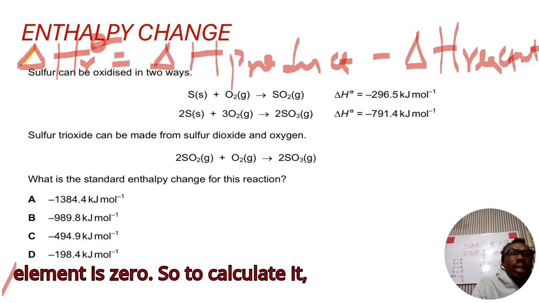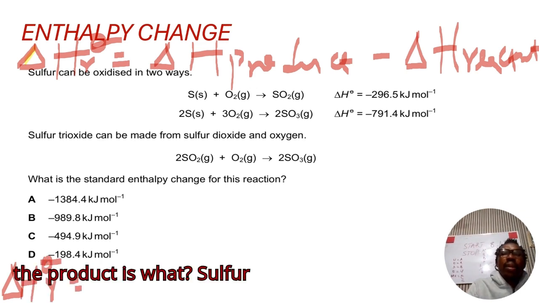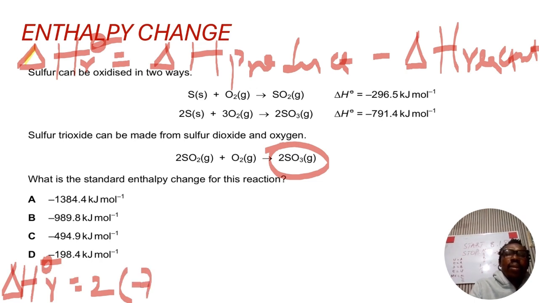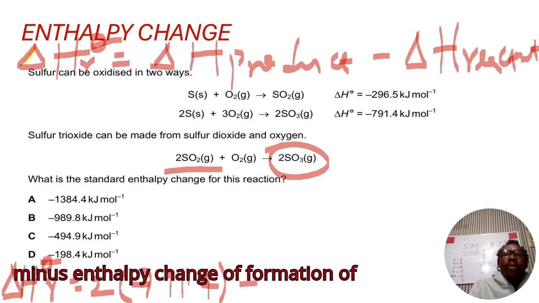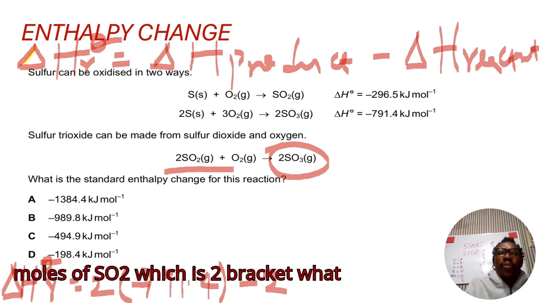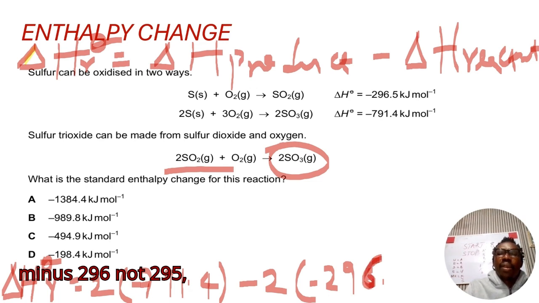So to calculate the standard enthalpy change of the reaction, the product is sulfur trioxide, which is 2 times, bracket, minus 791.4, minus the enthalpy change of formation of the reactant, which is 2 moles of SO2, which is 2 bracket what? Minus 296.5 kilojoule per mole, not 295, 296.5.